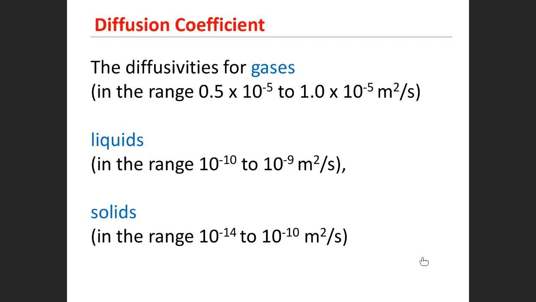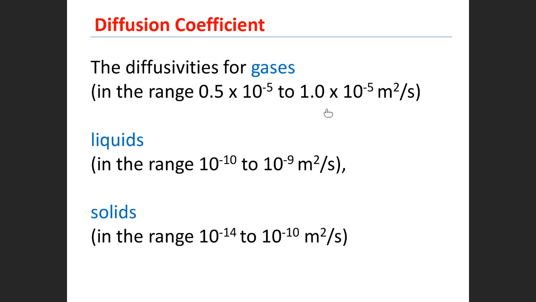So let's have a feeling about these numbers for these phases. Diffusivities for gases will be in the range of 0.5 to 1 times 10 to the power minus 5 meters squared per second. If you use the SI unit, meter squared directly rather than centimeter squared, the power of 10 is minus 5.